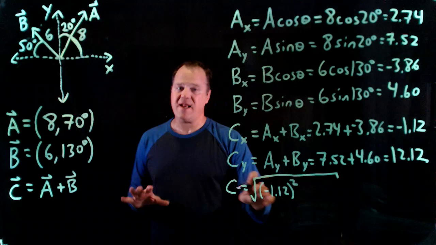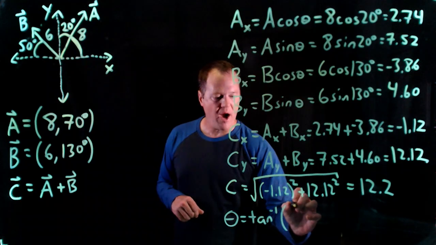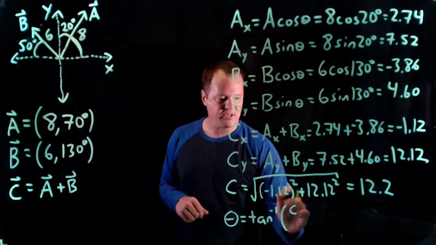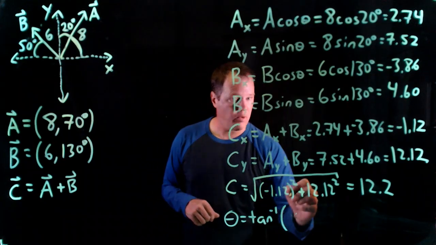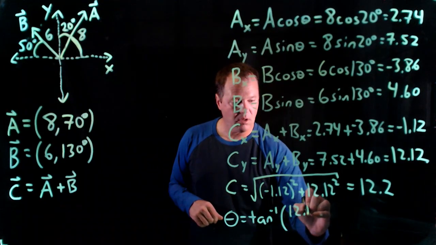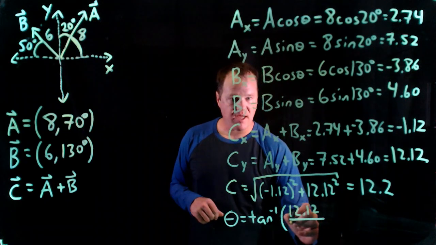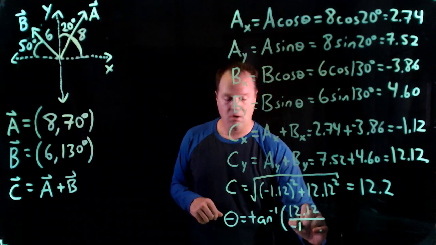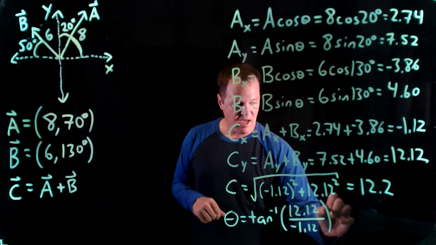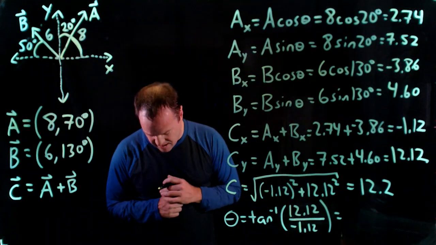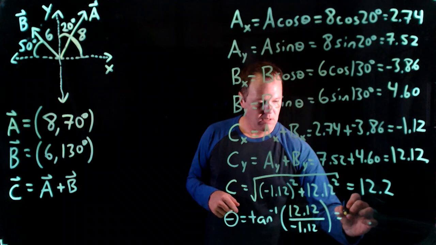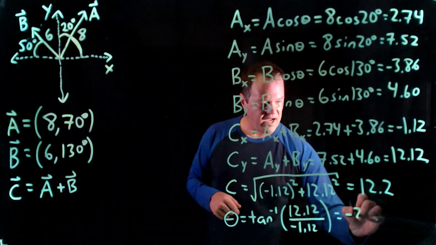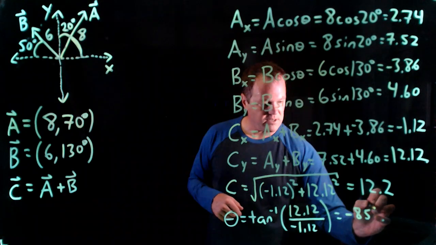And then for the angle, we take the inverse tangent of the y component over the x component. So the y component is 12.12 divided by the x component of minus 1.12. I throw that into my calculator and I get minus 85 degrees.